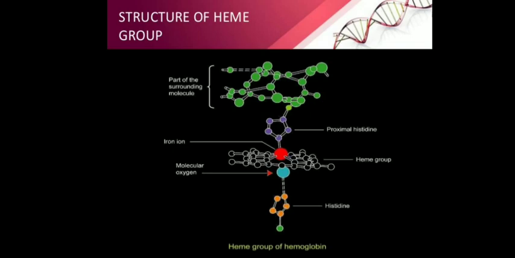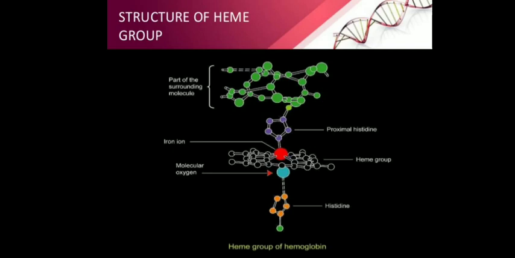So this is the structure of the heme group. Most of the amino acids form an alpha helix, and each subunit consists of a heme group and an oxygen binding site. Here you can see the presence of the heme group as well as the oxygen binding site in the structure of the heme group.